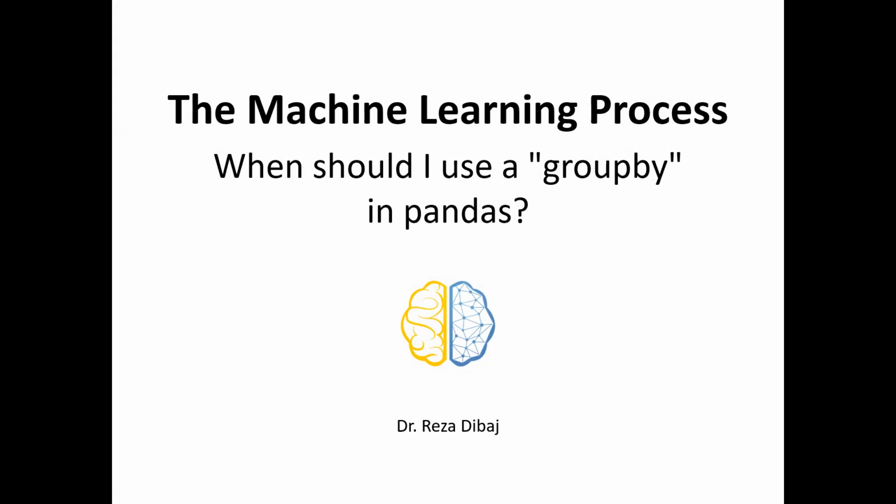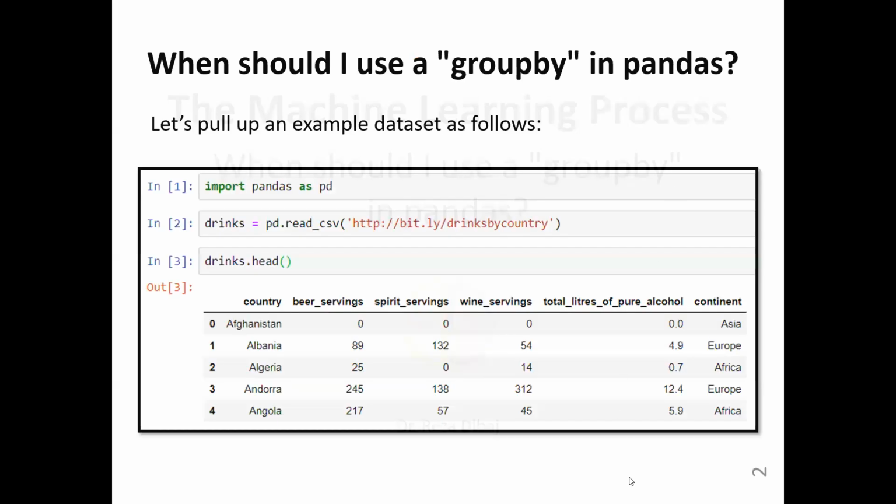So by saying that, everybody please pull up this data set, drinks by country, and check the first 5 rows, and whenever you are done, please give me a signal.